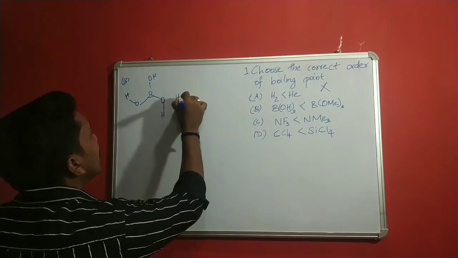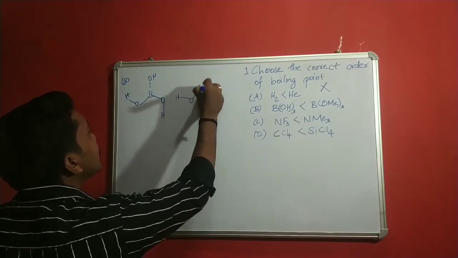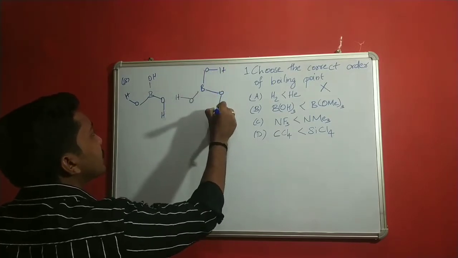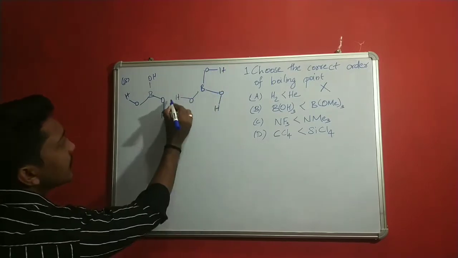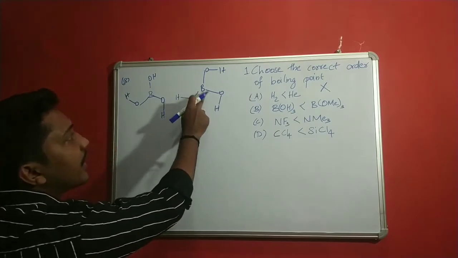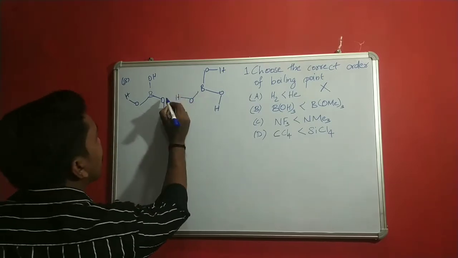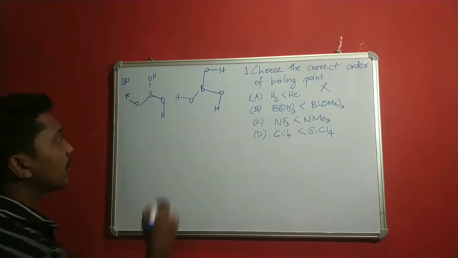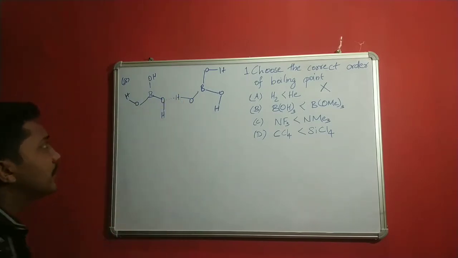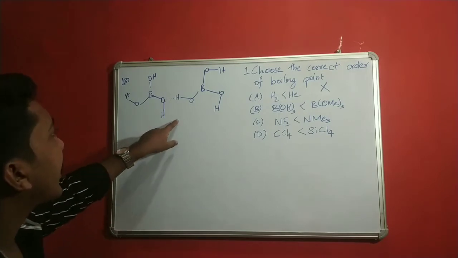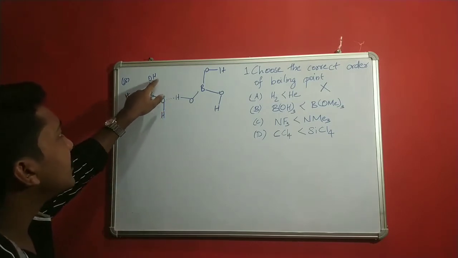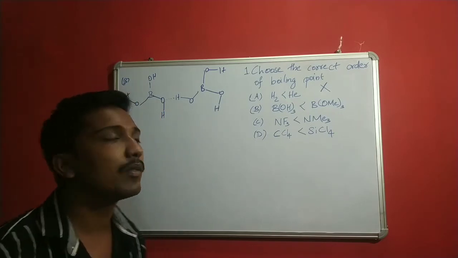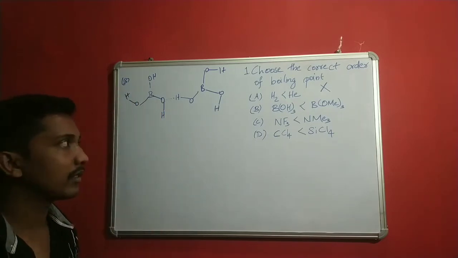The hydrogen atom of the nearest boric acid molecule and the oxygen of the other boric acid molecule will interact through hydrogen bonding, and we can expect three hydrogen bonds from a single molecule of this one.